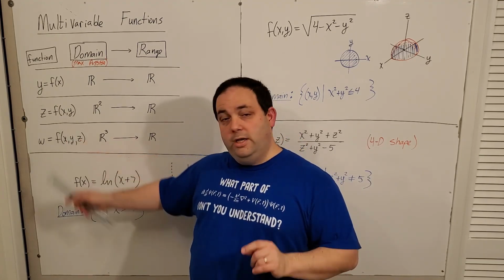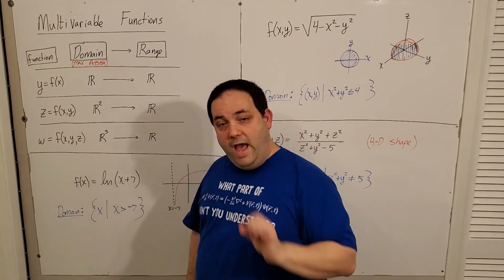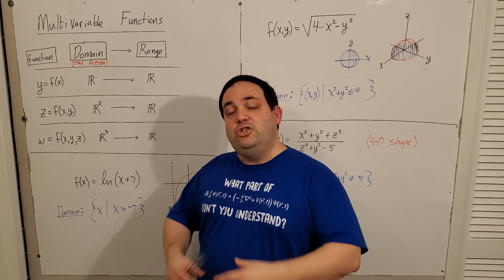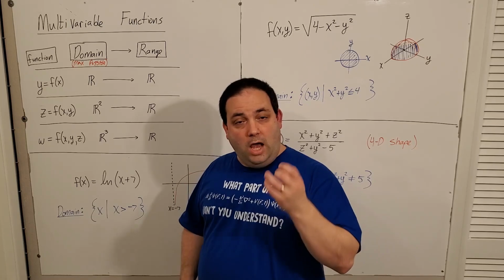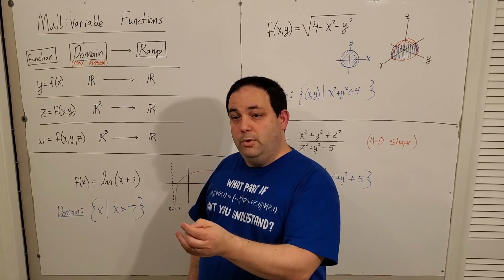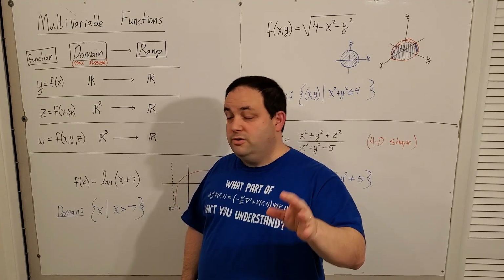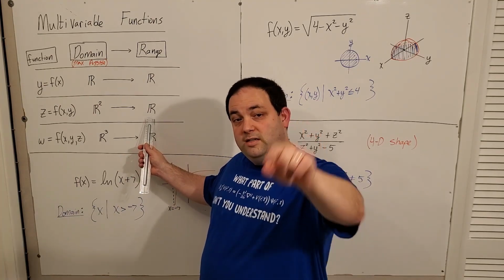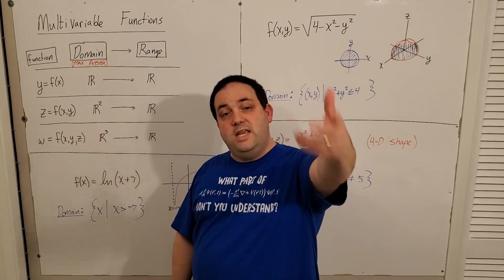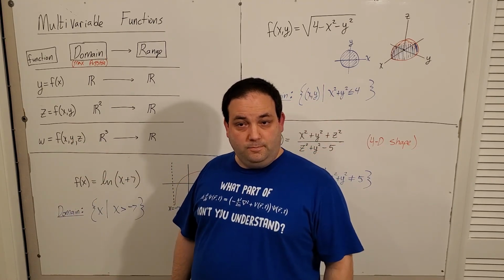I will be inputting an XY pair of values, and that's what my domain now consists of. Not a number, not just two numbers. My domain is a set of ordered pairs, but the output is still a single number, whatever z happens to be calculated to be.